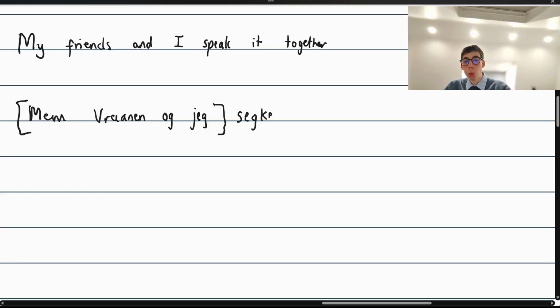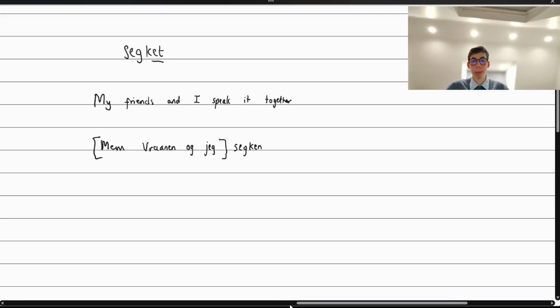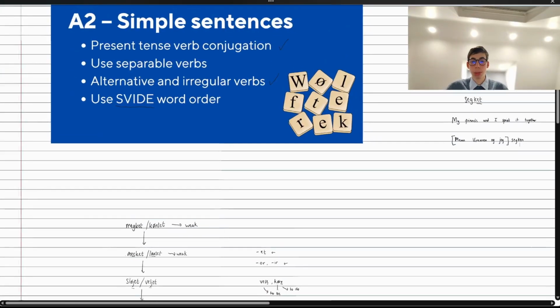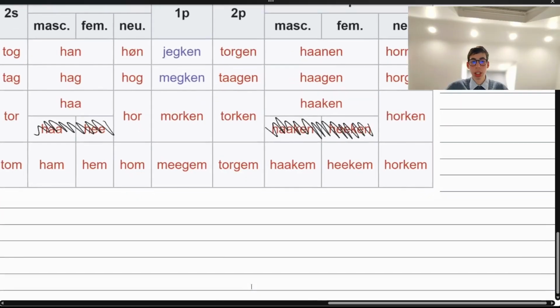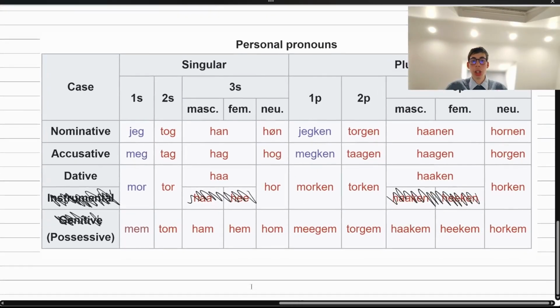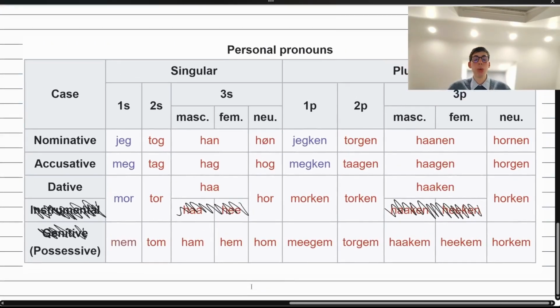Now remember that the we plural, all the plural conjugations of zeker are going to be zeker. So mem vranen or jij, zeker, it. Let's refer to our personal pronoun table, which kind of got chucked to the bottom, so I might have lost it slightly. Well, it. We could be referring to either.